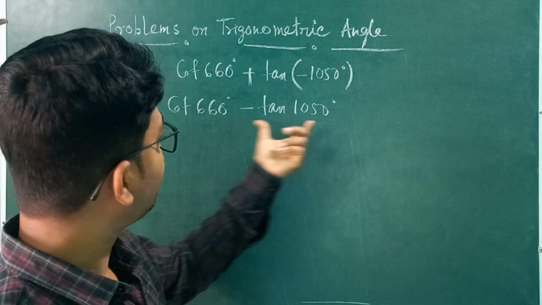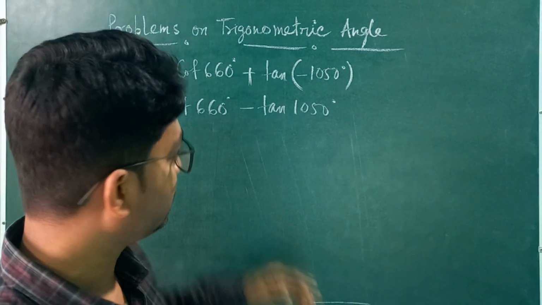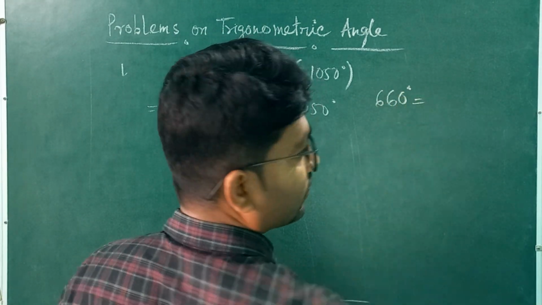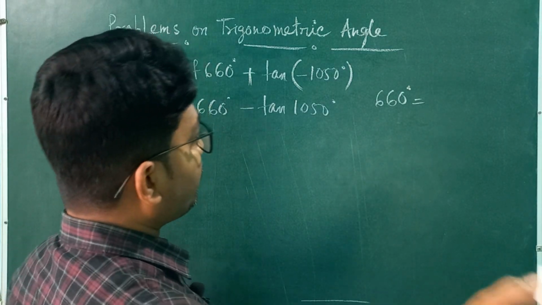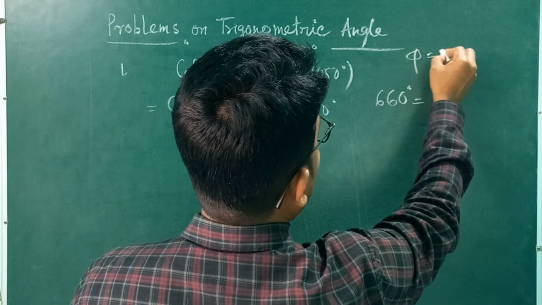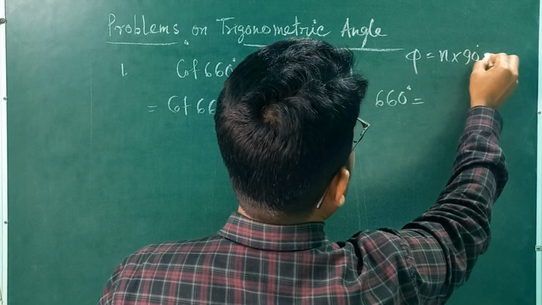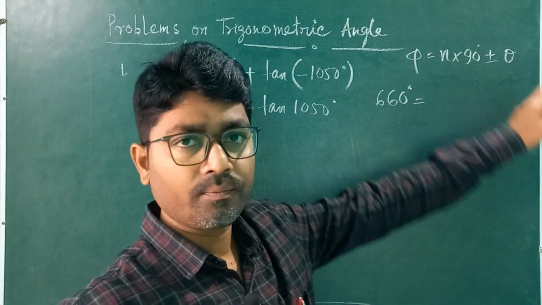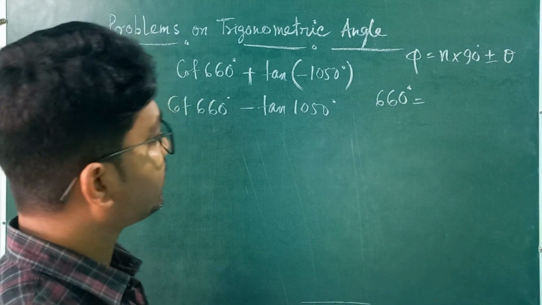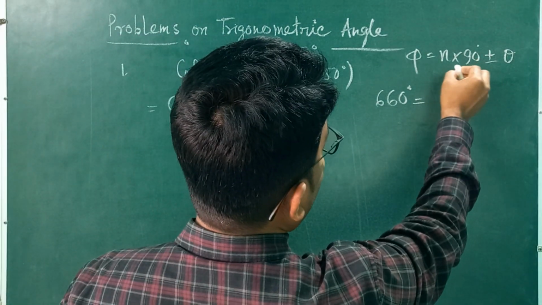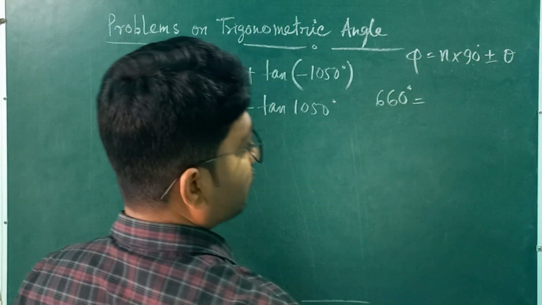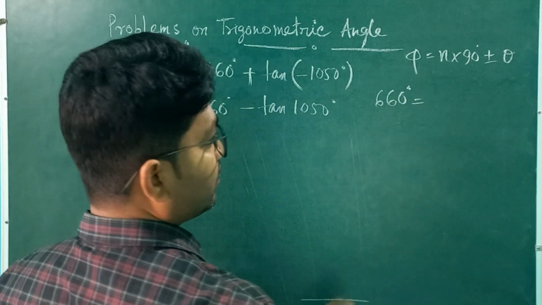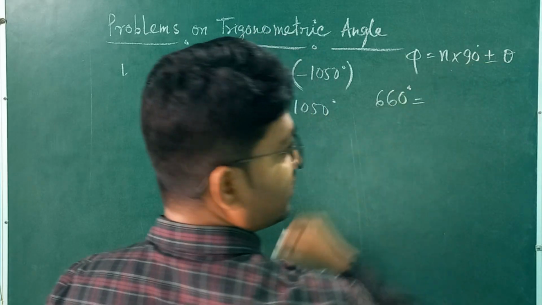Next we break the angle. How can we break this angle? First angle is 660 degree. Our formula was phi equal to n into 90 plus minus theta. We have to break this angle in this form. So here you break 660: 9 into 90 is 810, no, 7 into 90 is 630.